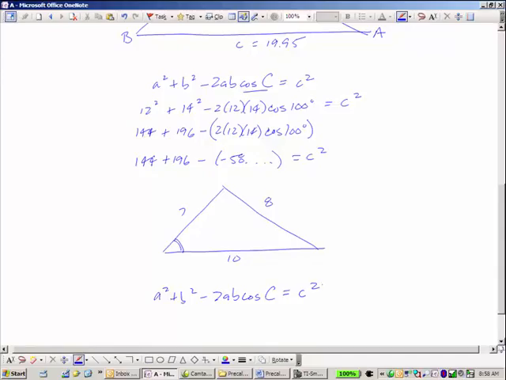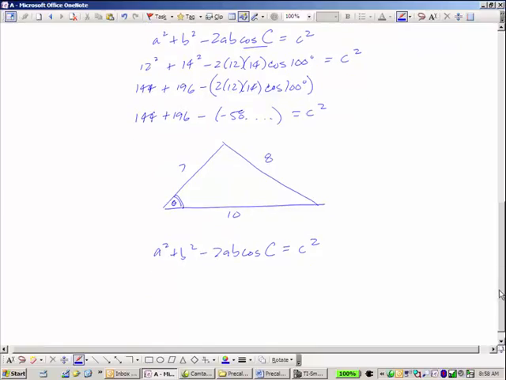Now, in order to use that successfully, you have to be thoughtful about what you want to call sides A, B, and C. How should we set that up if we want to find that angle between 7 and 10? Thought or idea? Peter? A or B could be 10 or 7. Yeah, I agree. Peter says, look, if we're looking for the angle, then A and B should be the sides that form that angle. That's perfect. So that makes 8 side C, and it makes this angle C.